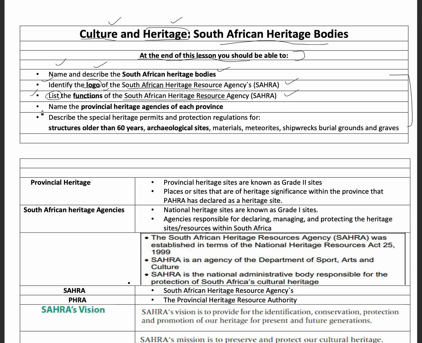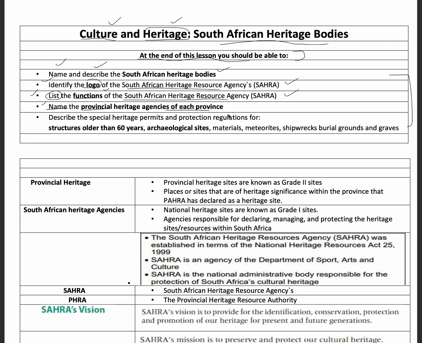Then the fourth bullet is to be able to name the provincial heritage agency of each province.